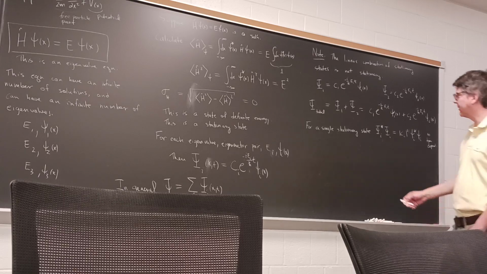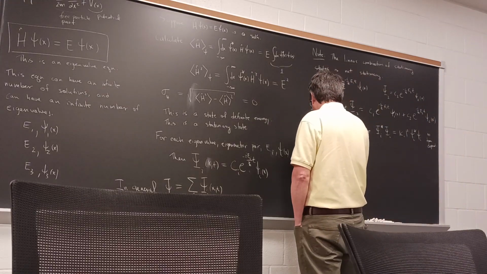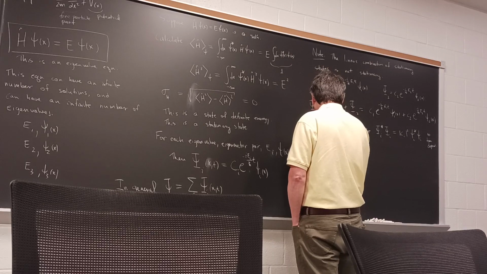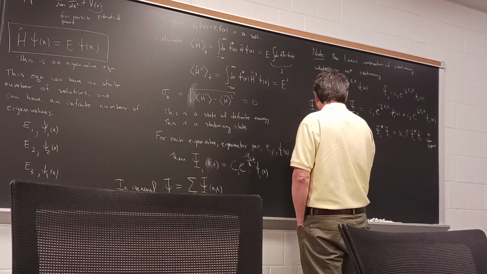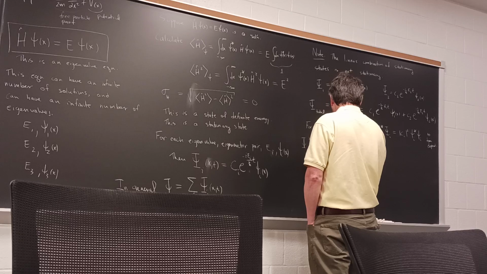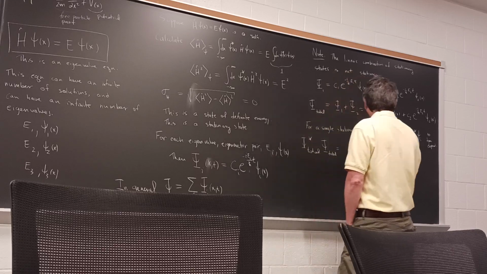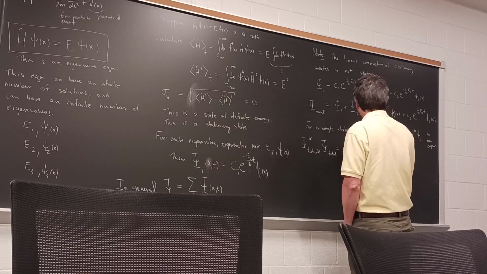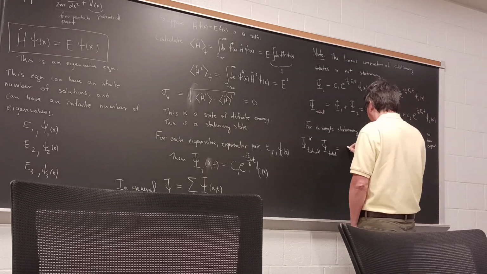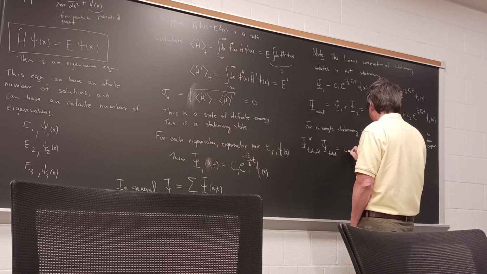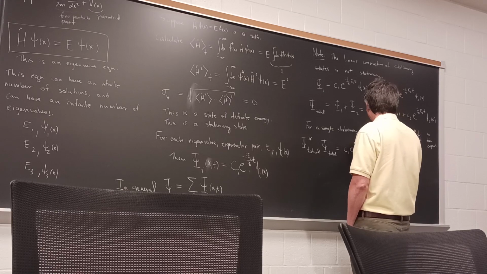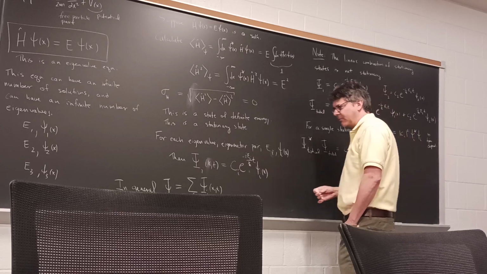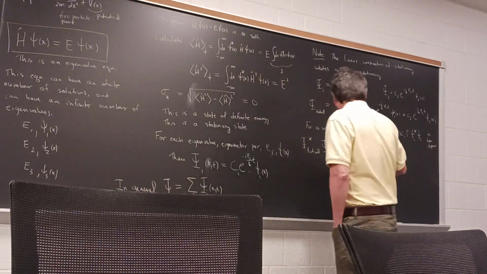But if I look at psi total, and I take its conjugate times itself, we're going to have kind of a mess here. We'll have cross terms. We'll get two things actually.